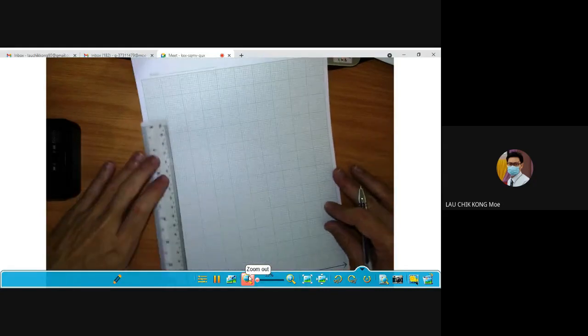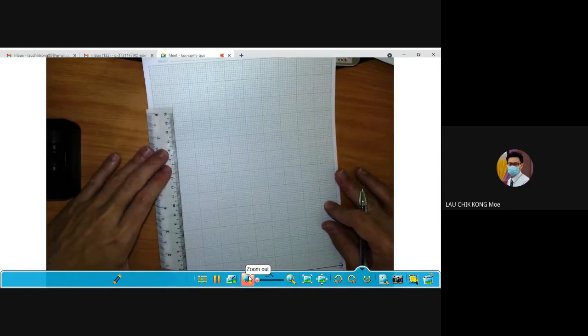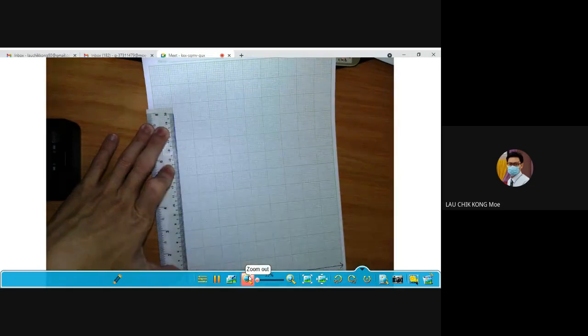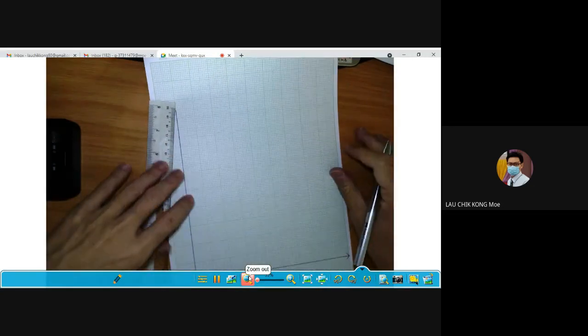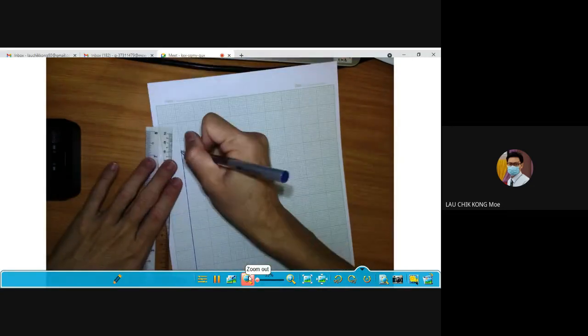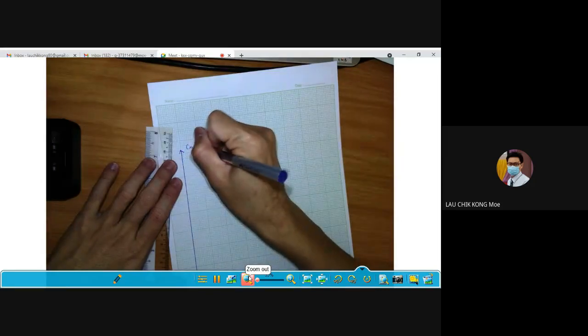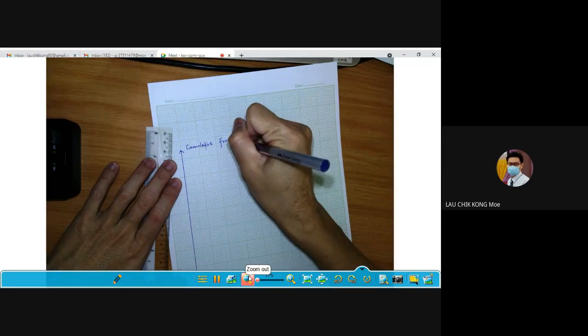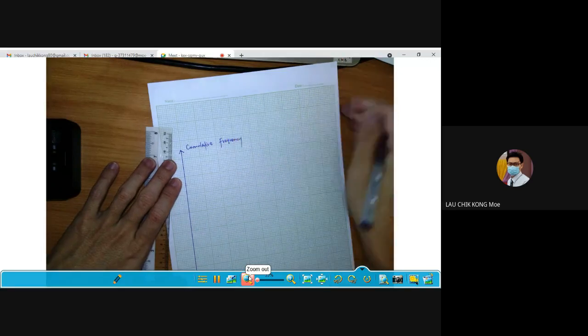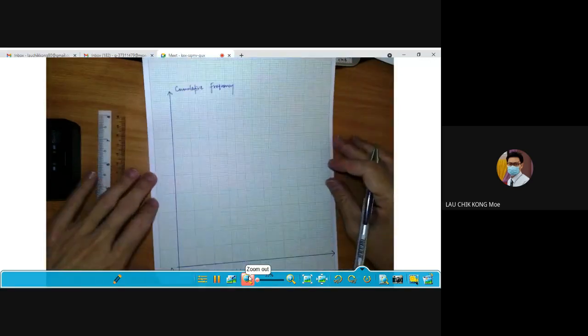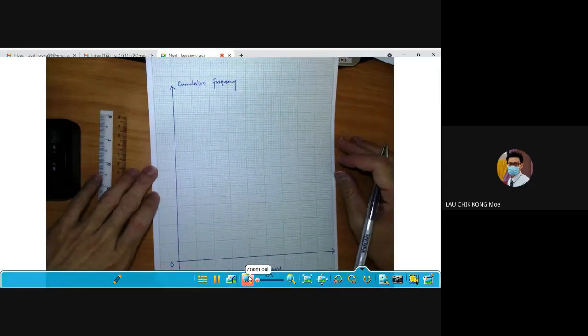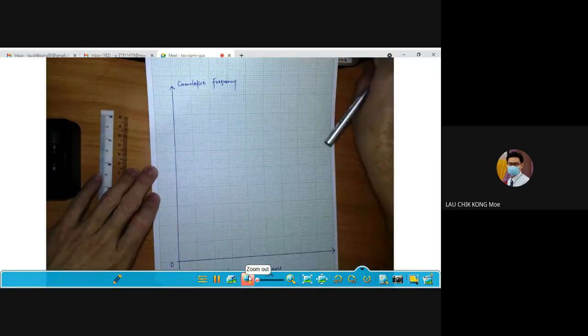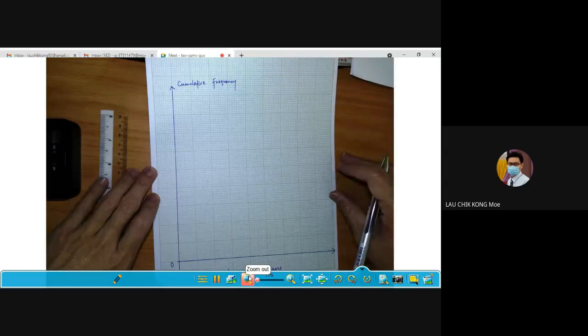And then for the y axis, we put cumulative frequency. Okay, cumulative frequency. Okay, so upper boundary, jangan tengok lower.